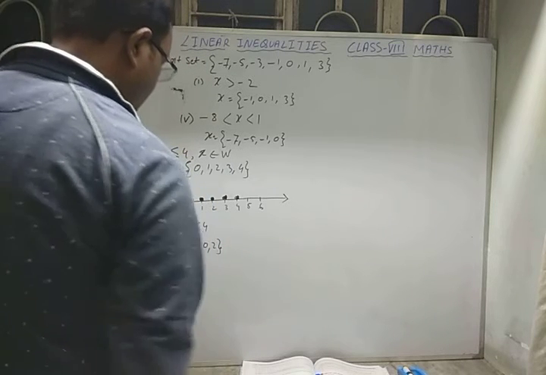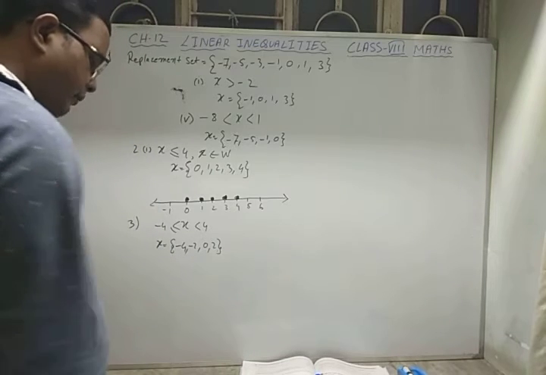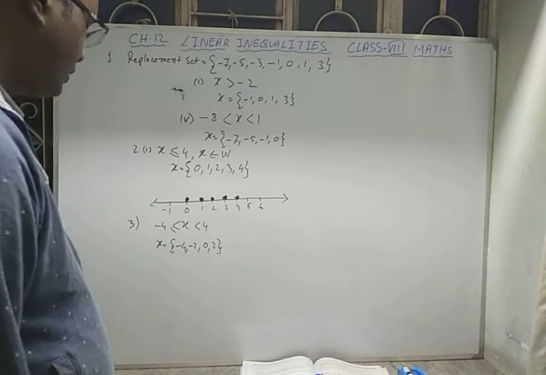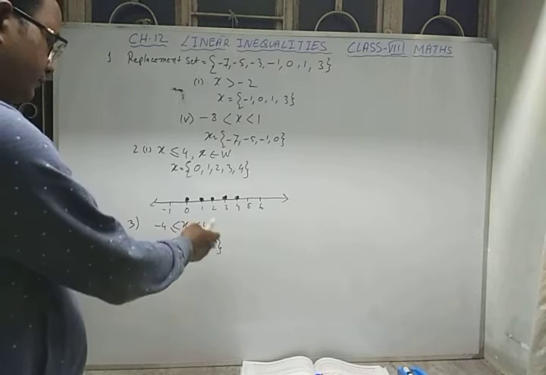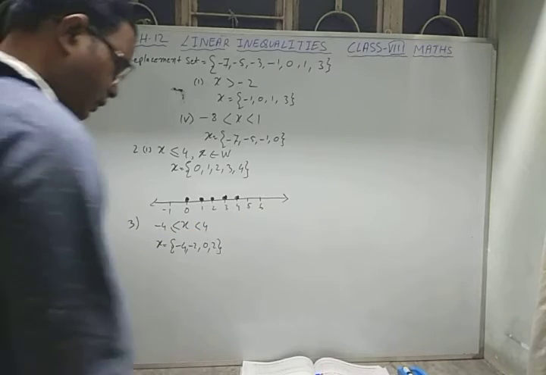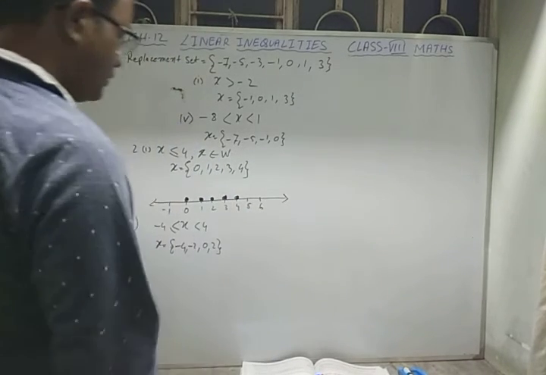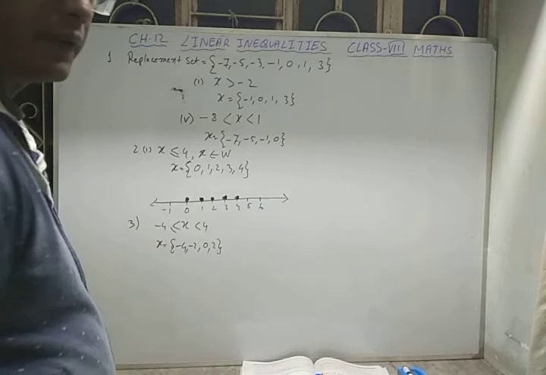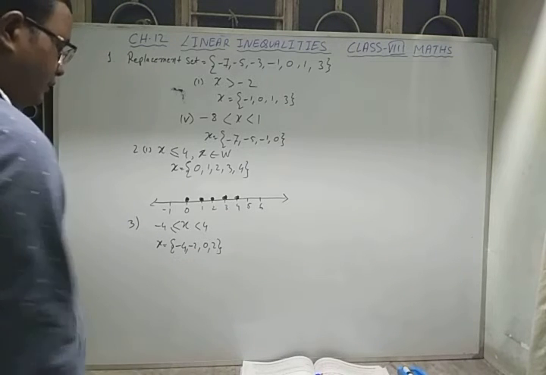This is the solution set, because minus 6 is less than minus 4, so we don't take it. And after 2, there are 4 and 6 which are equal to 4 and greater than 4, so we will not take 4 and 6. Just this is the answer.